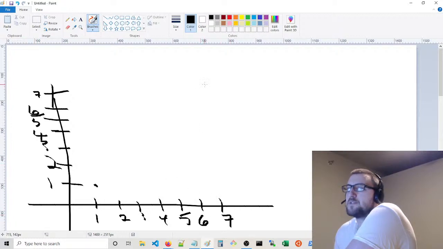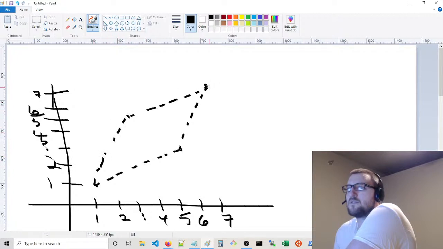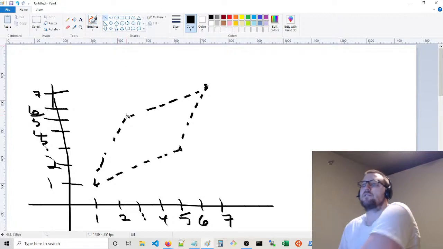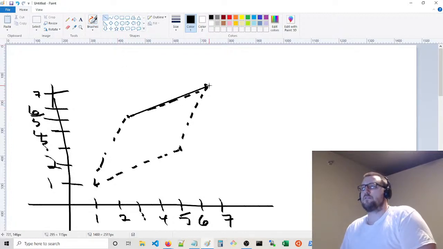So rough estimate, by the way, 7 7. So 3 5 is here, 5 3 is here. Alrighty, so this is your parallelogram, it looks like.